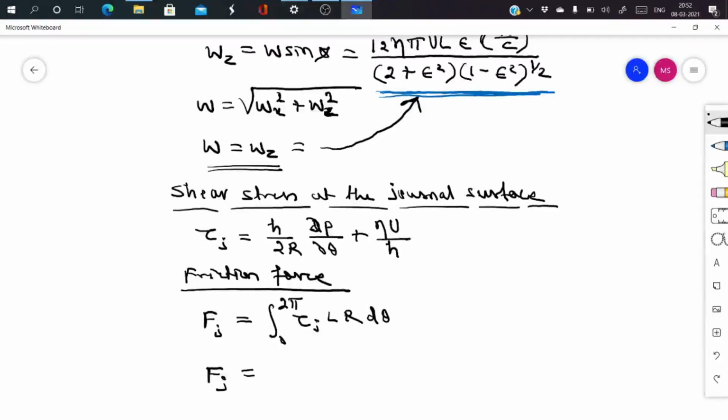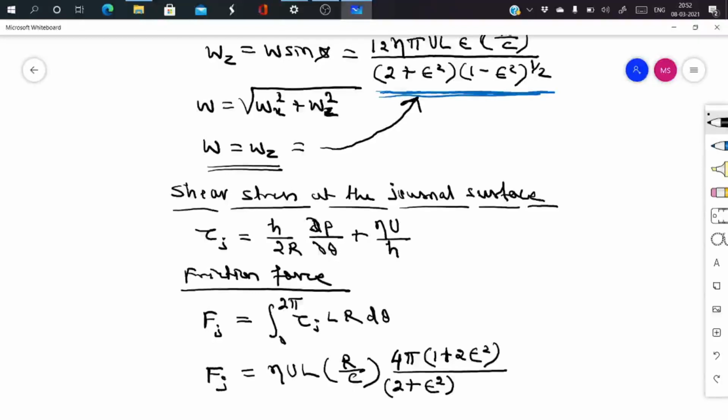If you integrate that: mu U L r by c, 4 pi, 1 plus 2 epsilon square, divided by 2 plus epsilon square, 1 minus epsilon square to the power half.